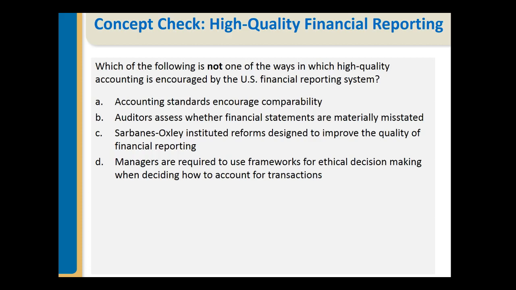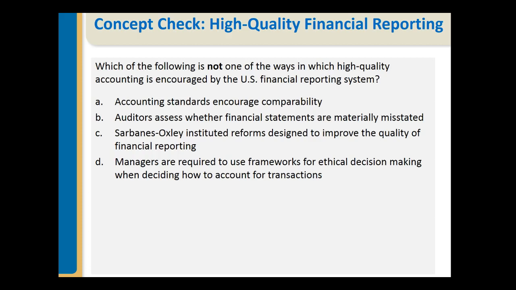Which of the following is not one of the ways in which high-quality accounting is encouraged by the United States financial reporting system? Would it be A, accounting standards encourage comparability? B, auditors assess whether financial statements are materially misstated?